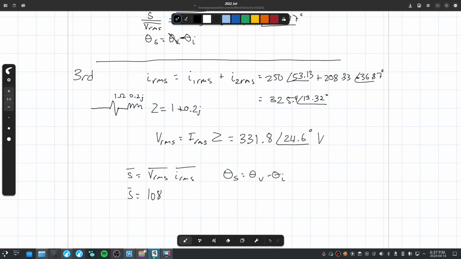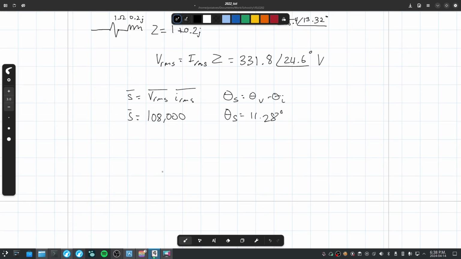That's 108,000. And then the angle of our apparent power is going to be our voltage angle, 24.6 minus 13.32. That's 11.28 degrees.